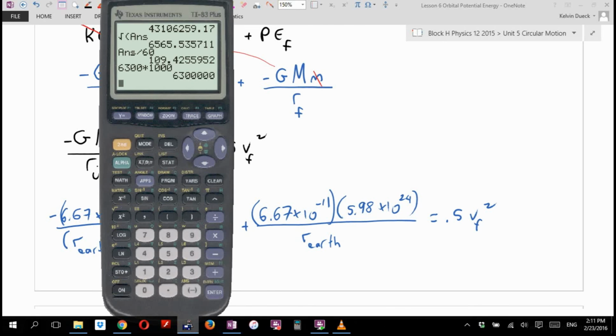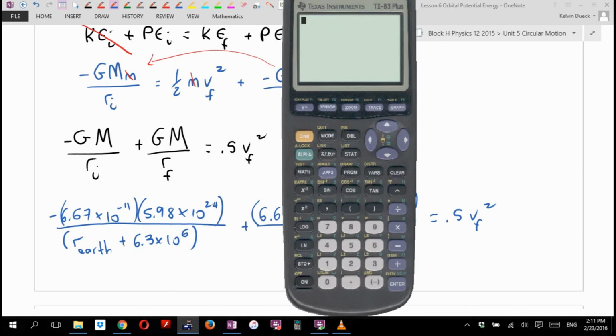I go like this. Negative. First term. I go like this, 6.67 times 10 to the negative 11, 5.98 times 10 to the 24th. Mr. Derek, you haven't done it. Just wait. Divided by, is there more than one thing in the denominator of the first fraction?